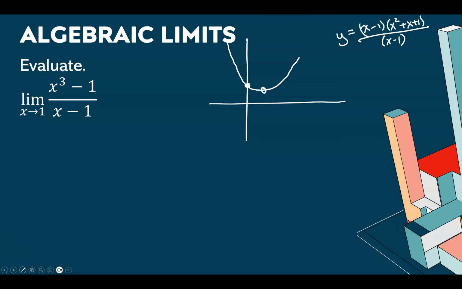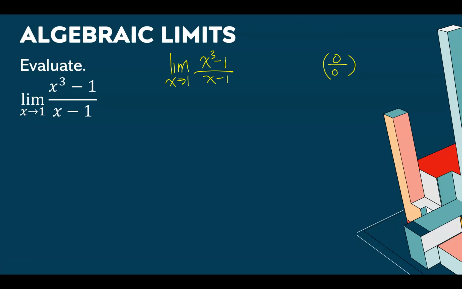So when we substitute in 1, we get 0 over 0. And again, you've got to substitute numerator and denominator. You're doing this in your head anyways. So once we factor, like you saw, we're doing that whether we're sketching or just doing the limit, we get an x minus 1 in the numerator and x minus 1 in the denominator. And we're going to ignore those.